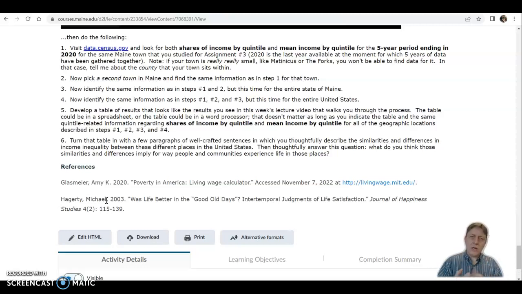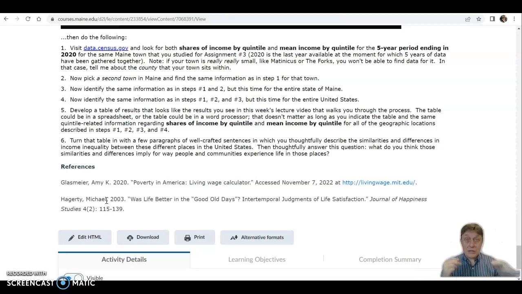So the idea of working with 5 years of data is that even in a very small town, over 5 years, enough people have been surveyed to characterize the income inequality of that place, whereas just 1 year of data isn't quite enough.